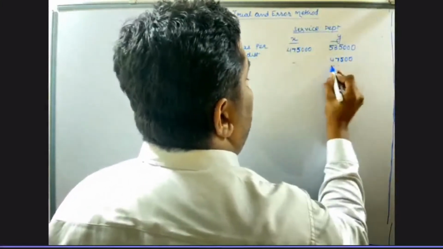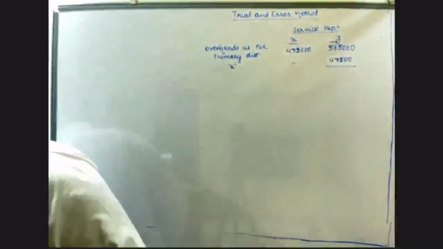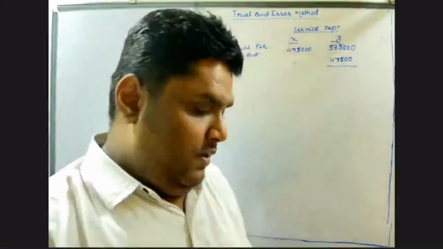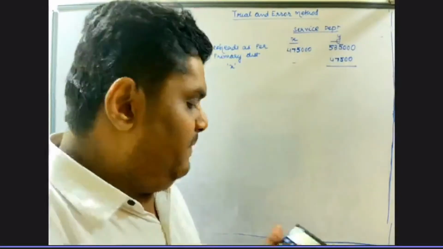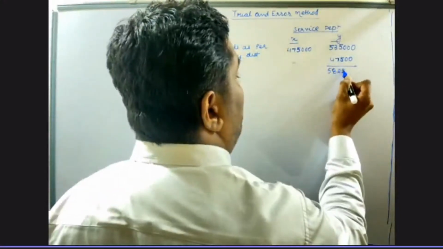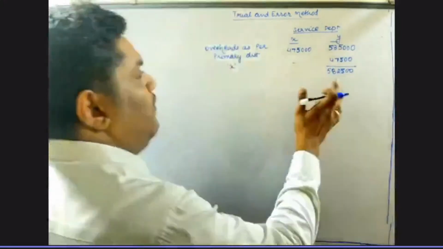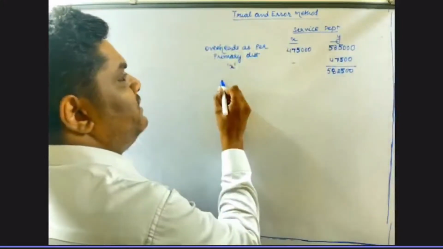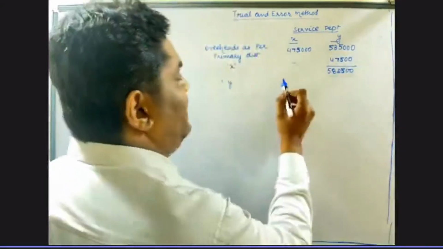Therefore, the total overheads of Y will be 5,35,000 plus 47,500, that is 582,500. Now 582,500 will be distributed to X, and it is given in the question that 5% belongs to X. So 5% will be 29,125.